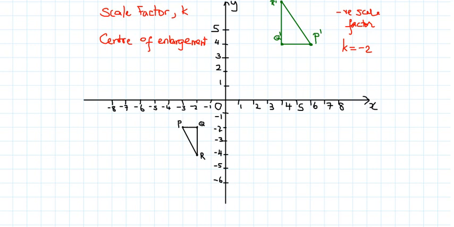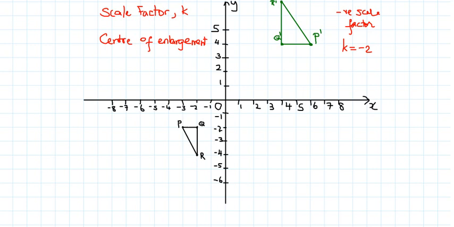So we're going to come into talking about the matrix in a short bit, but I'm going to talk about the center of enlargement now. Your center of enlargement is a particular point in your Cartesian plane where your transformation is occurring through, right?